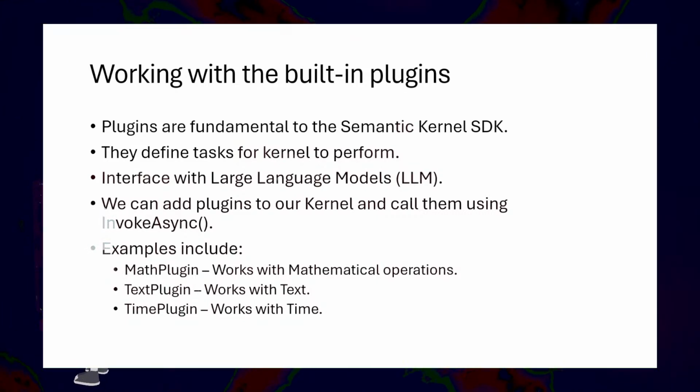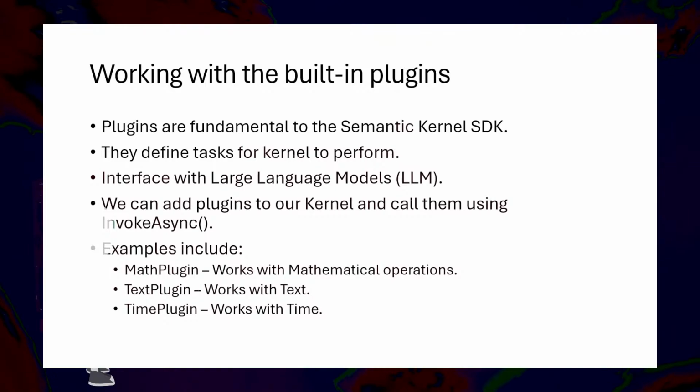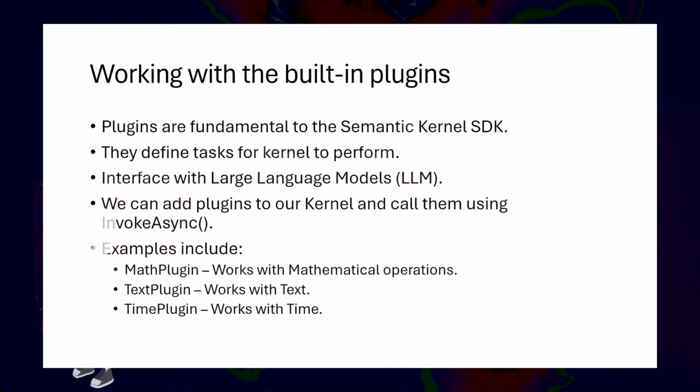Plugins can be just native code and prompts that are invoked to the large language model that we're using. The great thing about the Semantic Kernel SDK is that it offers built-in plugins for common tasks that are ready to use. Plugins are essentially classes that define a task that the kernel should perform. It could be made from a semantic prompt or native function code. To use a plugin, we can add it to the kernel and call it by using the invoke async function.